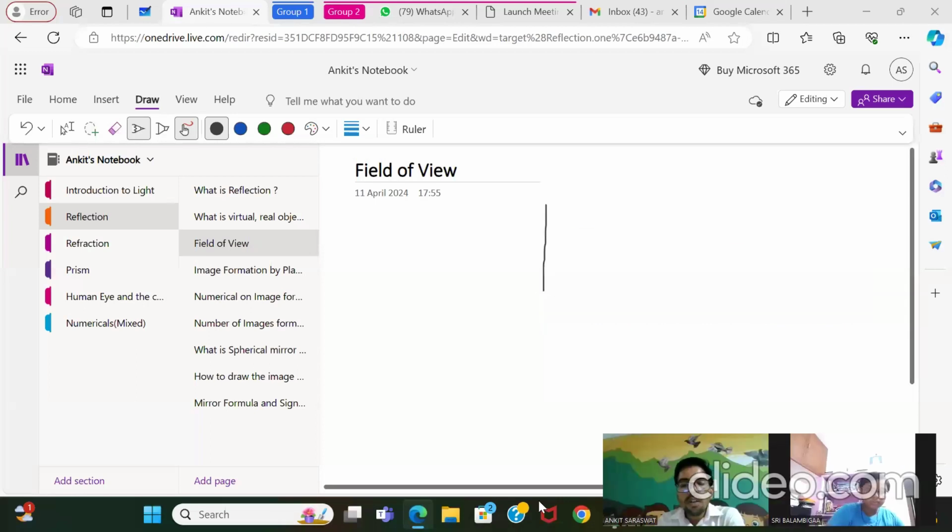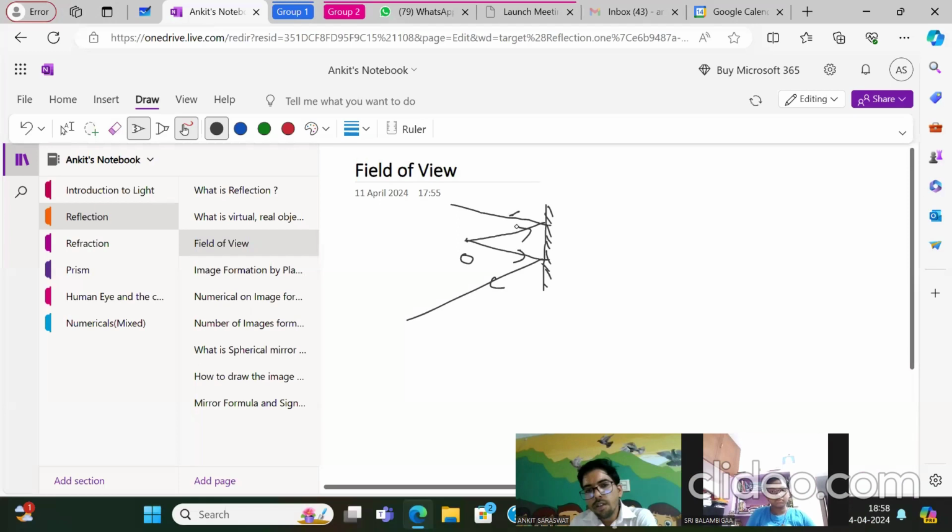For example, this is a plane mirror. And if you place any object here, then light will go like this. It will strike like this. Clear?